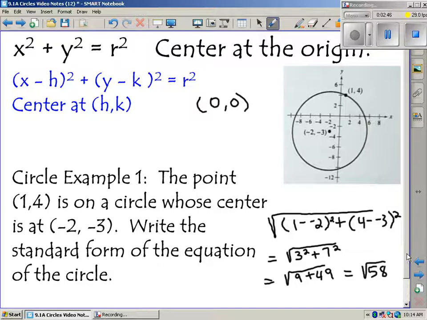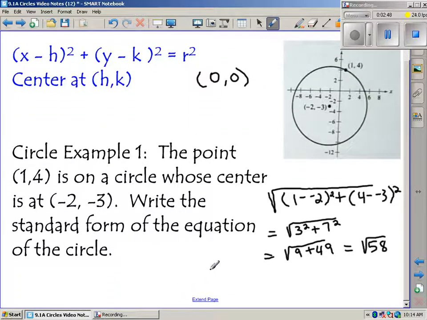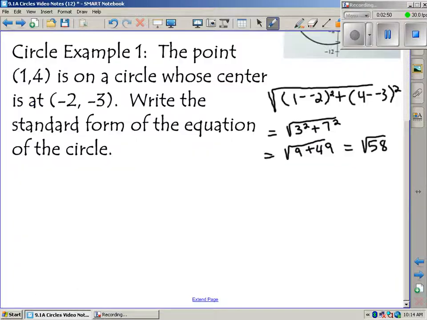So now what we want to do is put this all together and write the equation in the standard form. So let's go ahead and write the general form one more time. We have x minus h squared plus y minus k squared equals r squared. And from up here, this is our r.